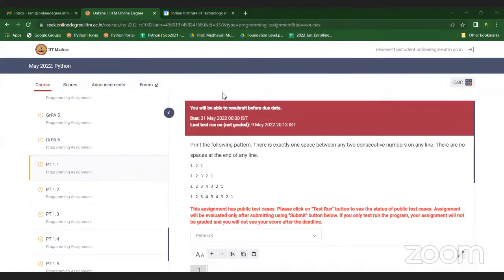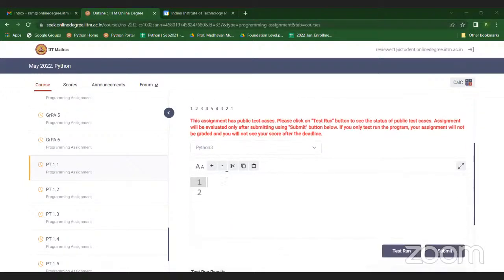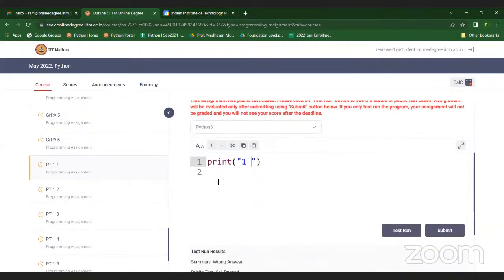Since we do not know many concepts yet, we know just basic simple printing, so we can just use that. First I need to print 1 2 1, so I can do this and then repeat it for the others.